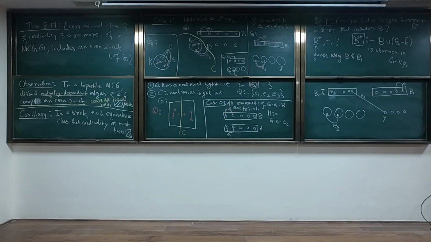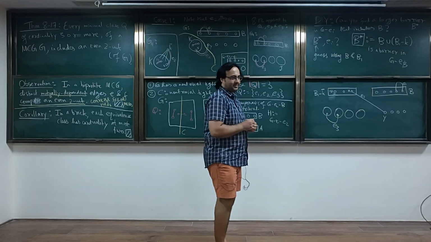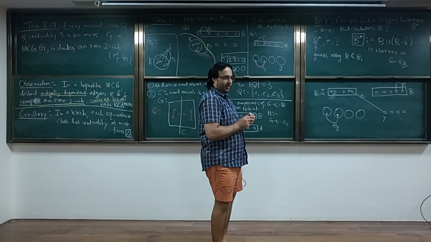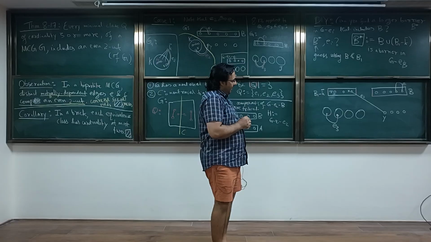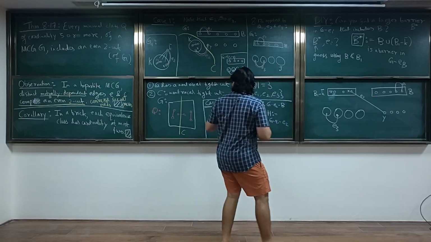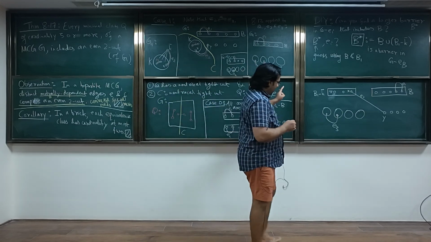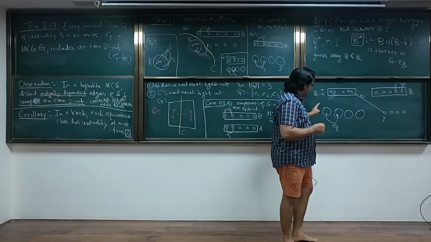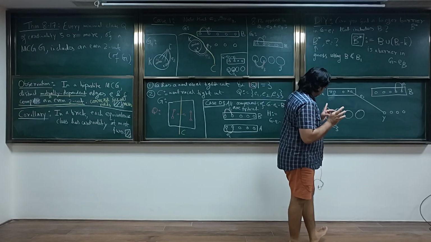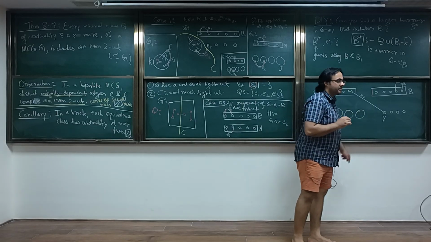So what Manoj's point is, look at this drawing. This is an honest drawing. Now observe that by the same arguments as before, we can conclude that all components are trivial.